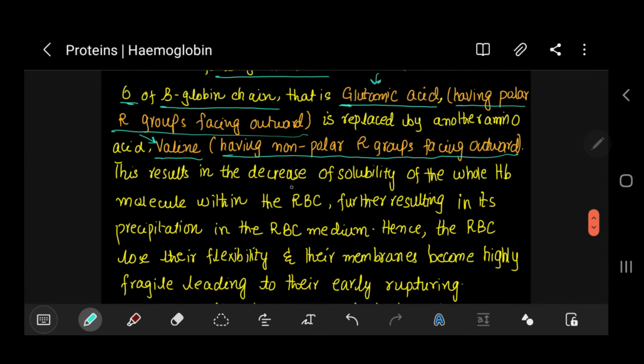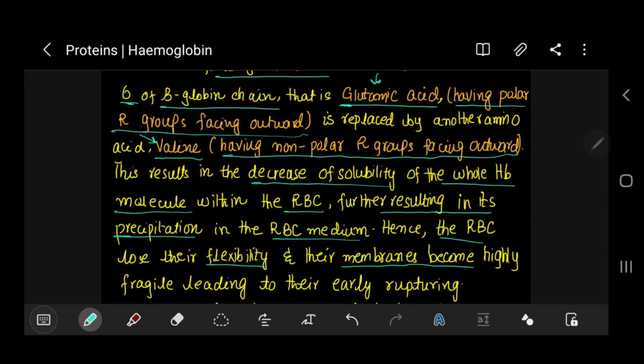This results in a decrease of solubility of the whole hemoglobin molecule within the RBC. It further results in its precipitation in the RBC medium. Hence, the RBC lose their flexibility and their membranes become highly fragile.